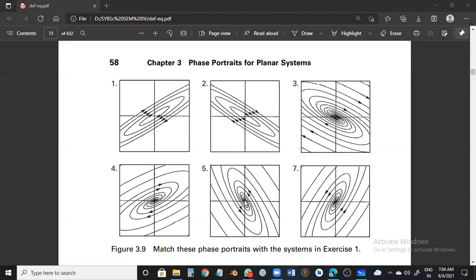So this way you should be able to learn which one is the correct one, because the exam is going to be an MCQ style exam. There you just have to decide whether it is going towards the origin or away from the origin, and whether it is spiral or circular.